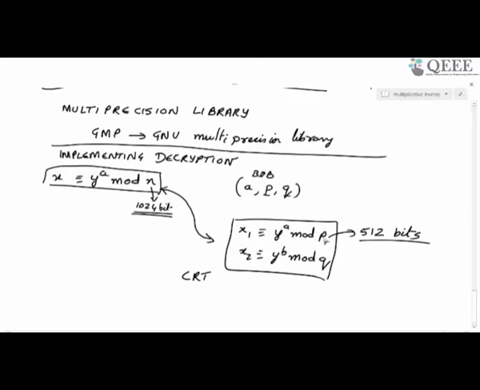Therefore we will be able to do both exponentiations, y power a mod p as well as y power b mod q, in much faster time than doing one single y power a mod n, just because n is twice as long as p and q respectively.